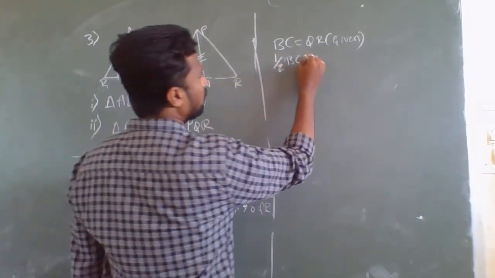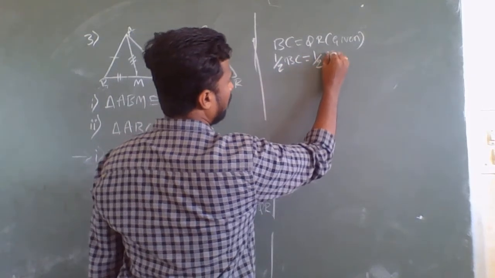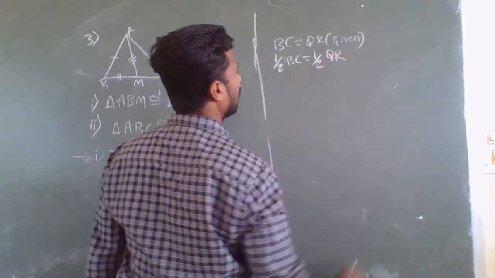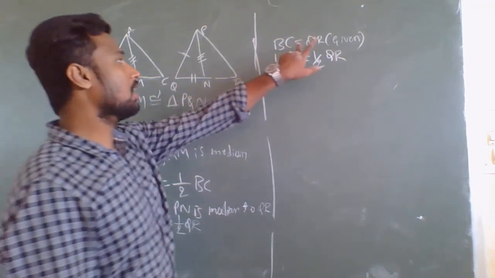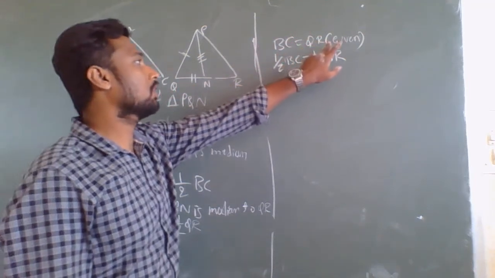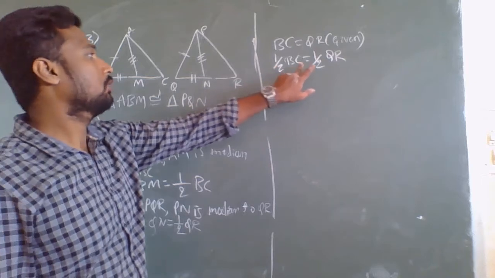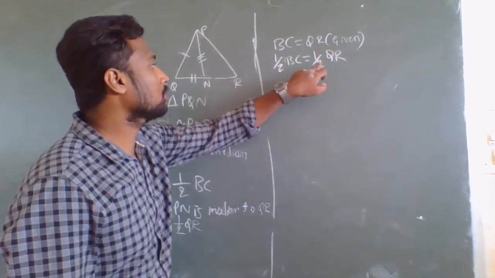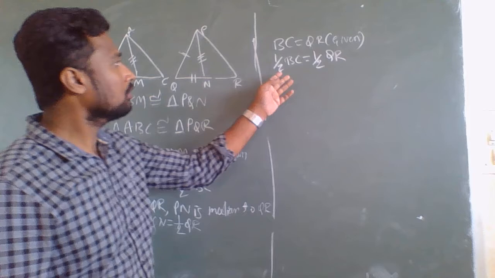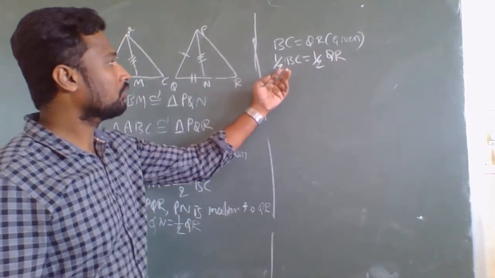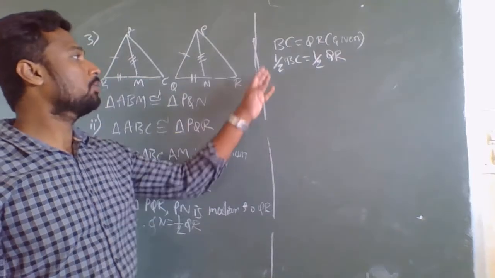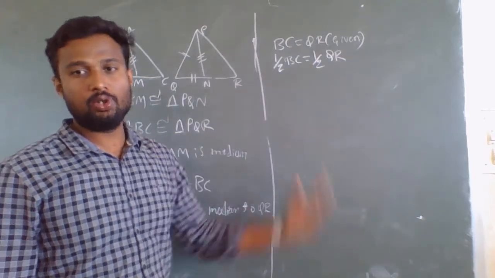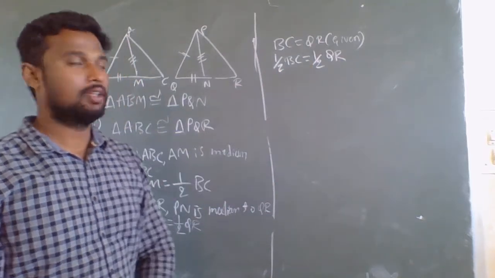Therefore, half into BC is equal to half into QR. If BC is equal to QR, then multiplying 1 by 2 to both sides, it should remain equal.